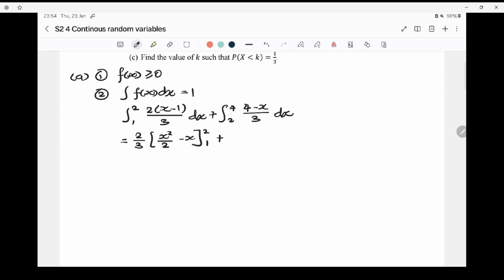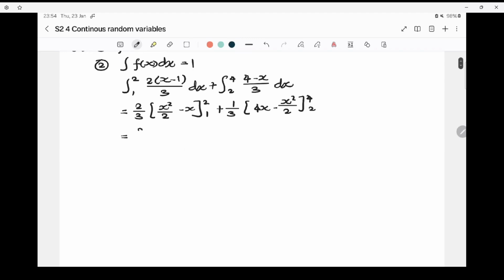And then you have 1 over 3 times 4x minus x squared over 2. Now let's substitute the values inside. You have 2 over 3.